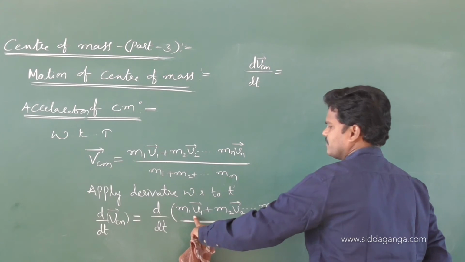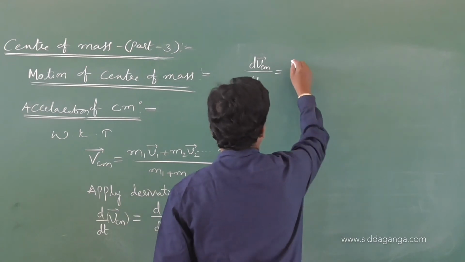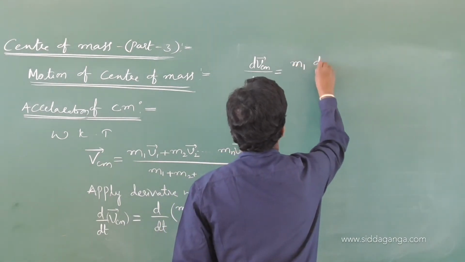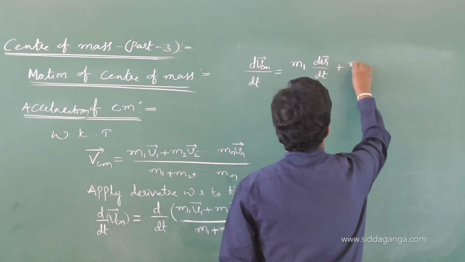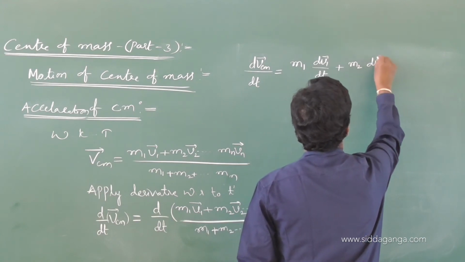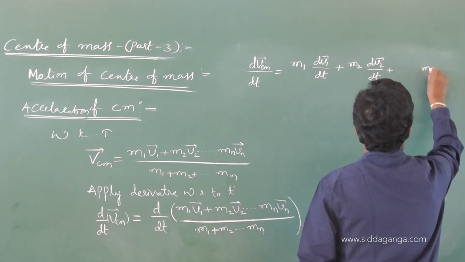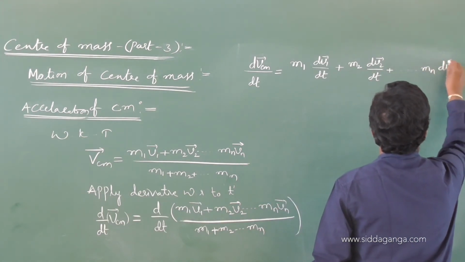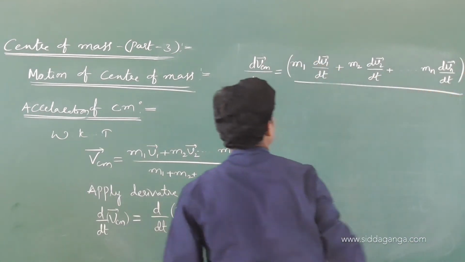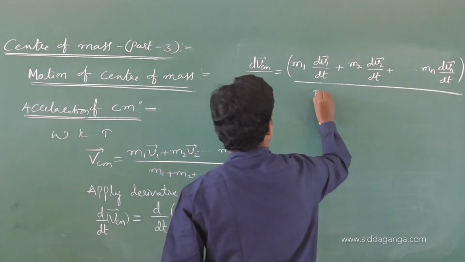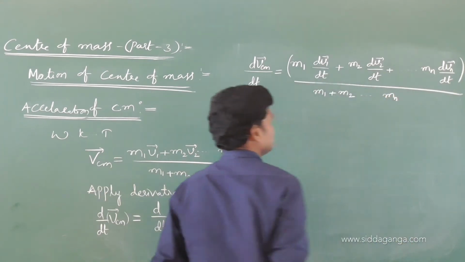So let me write: m1 dv1 bar by dt plus m2 dv2 bar by dt, and so on up to mn dvn bar by dt, divided by the total mass, m1 plus m2 plus m3 or capital M.